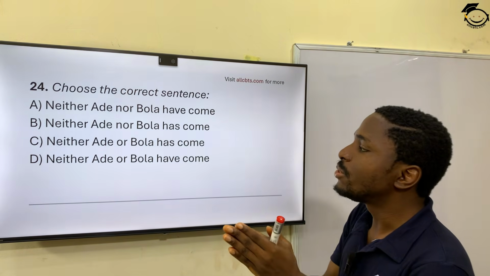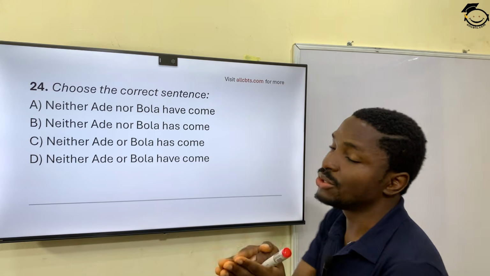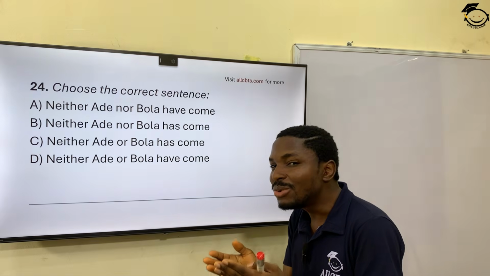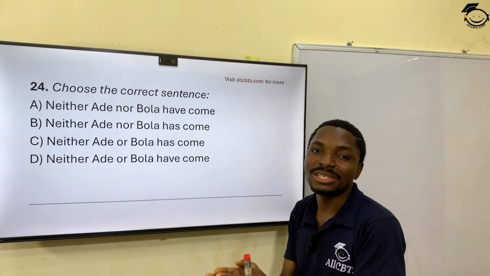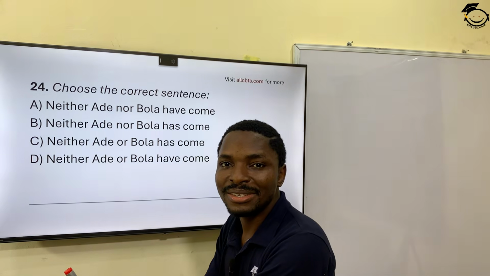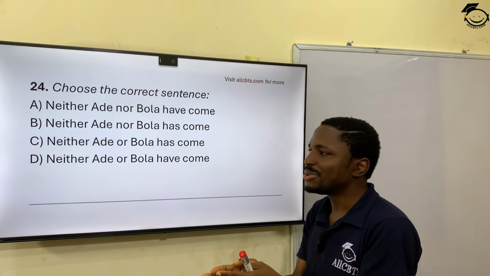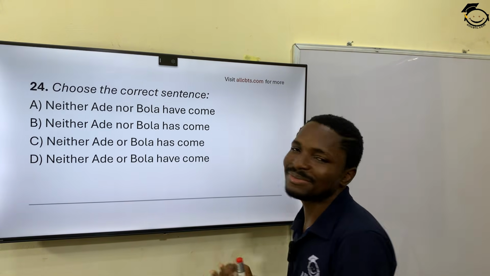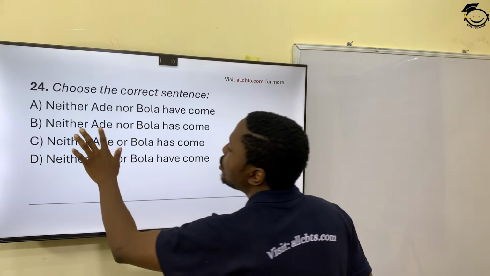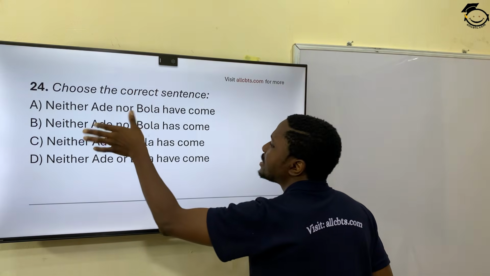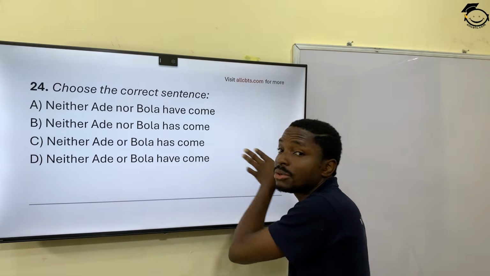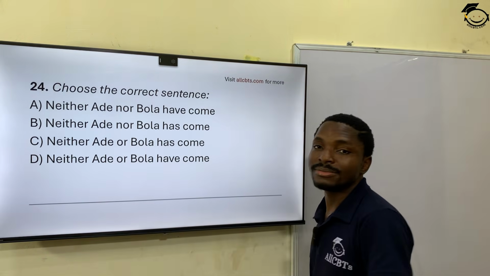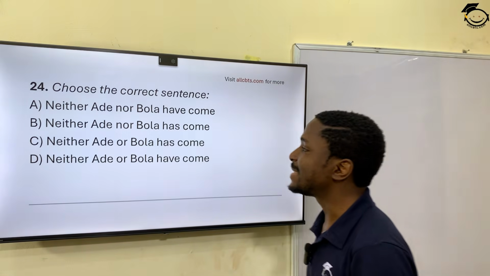That means not one of the two of them has come. Once it is singular, you use has. When it is plural, you use have. Do you understand that? So neither Ade nor Bola has come. Not one of these two guys has come.